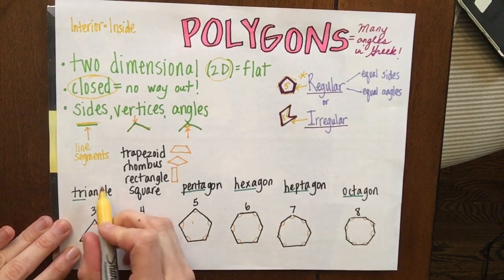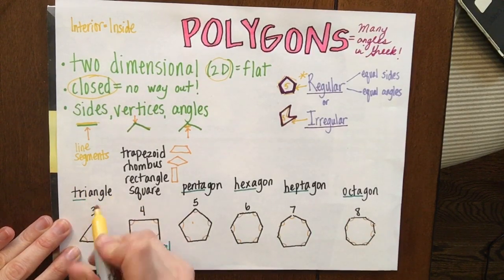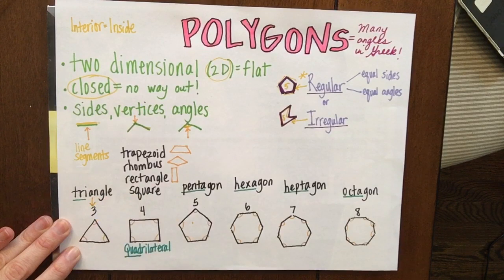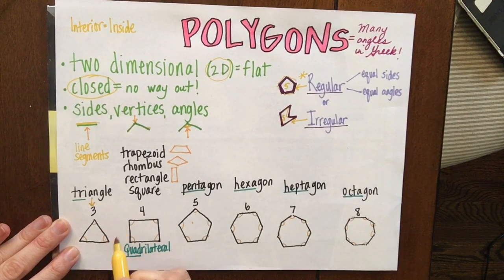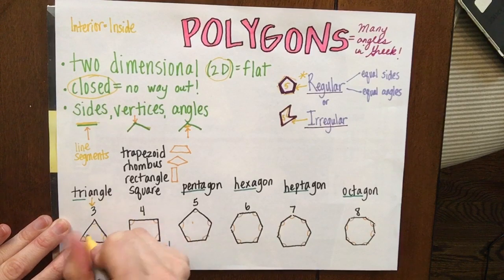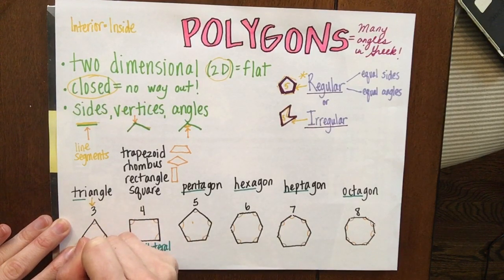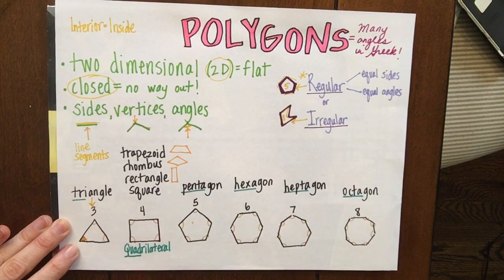All right, so thinking about those interior angles, now we can look at these down here. You can see that a triangle has 3 sides, okay? We talked about triangles, 3 sides. Tri means 3, just like a tricycle is 3 wheels, okay? So what I want you to take my word for is that if you add up this angle, which by the way is it bigger or smaller than 90 degrees?